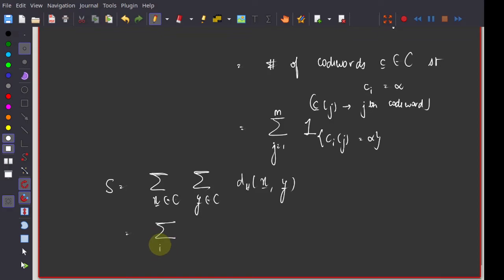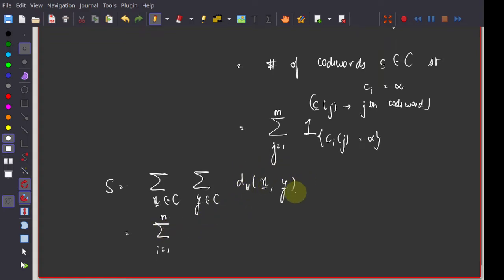So I can also write this as summation i equal to 1 to n, summation j equal to 1 to m. So I'm going coordinate by coordinate. So summation i equal to 1 to n. In each coordinate, I'm trying to find out how many pairs are different. Right?